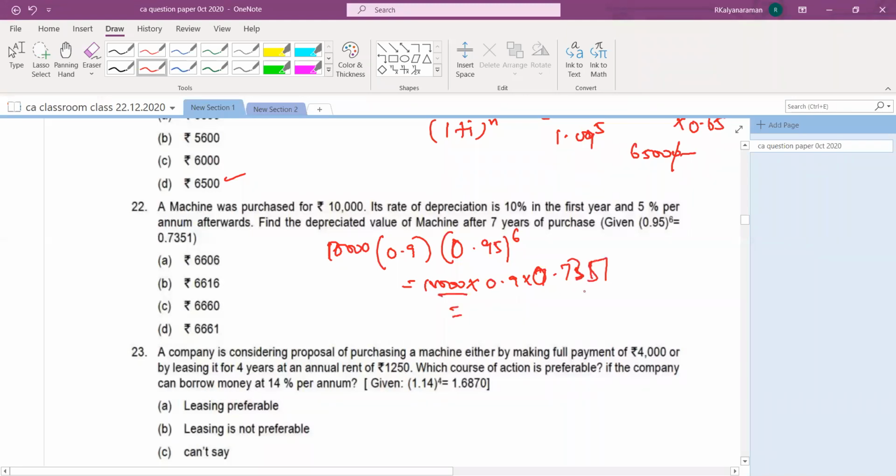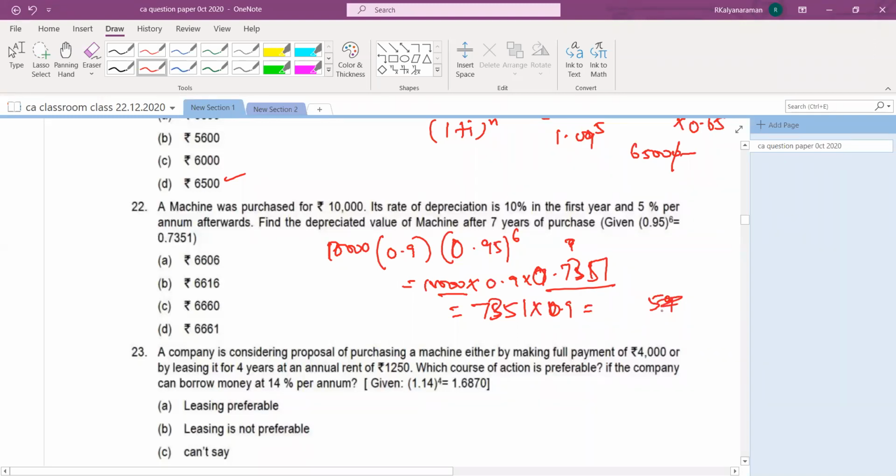0.7351. So 10,000 means 4 zeros here, 4 decimals, so it will cancel. 7351 into 0.9. So 9 ones is 9, 9 fives is 45, 9 threes is 27.